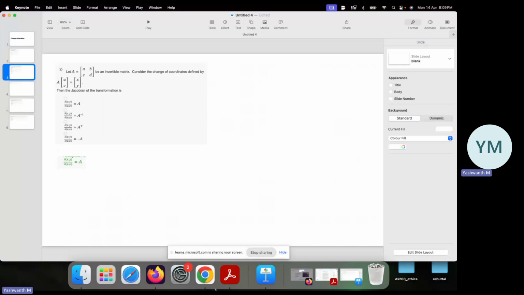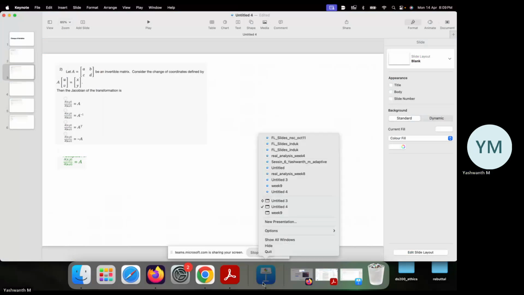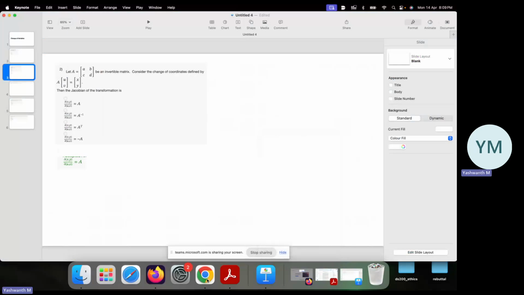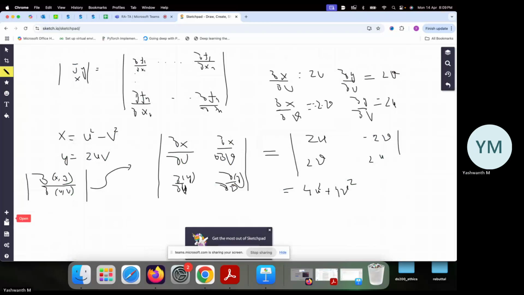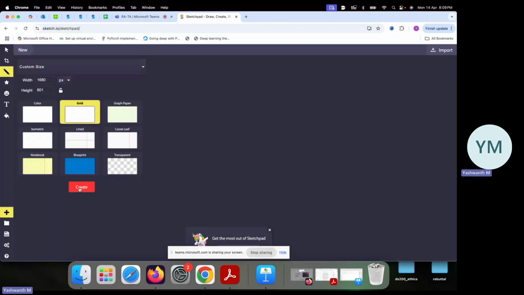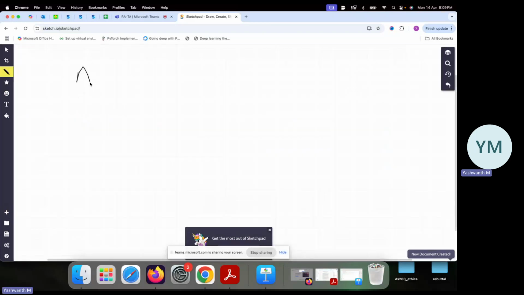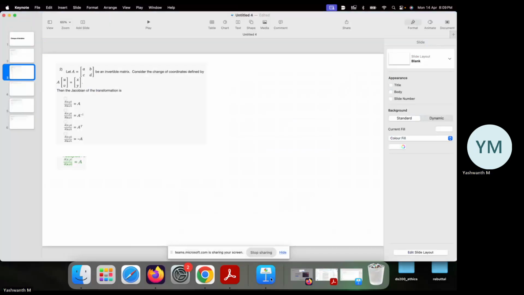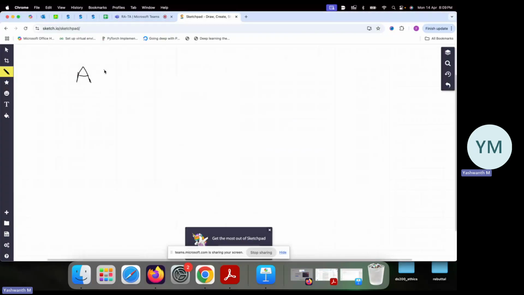So we are given a matrix A times (u, v) is equal to (x, y).